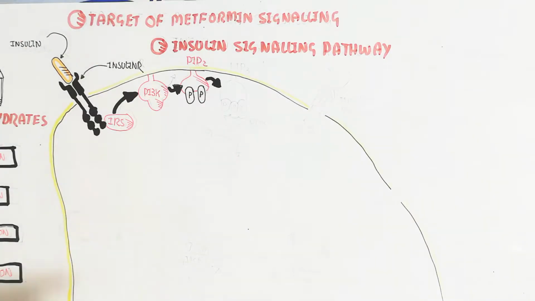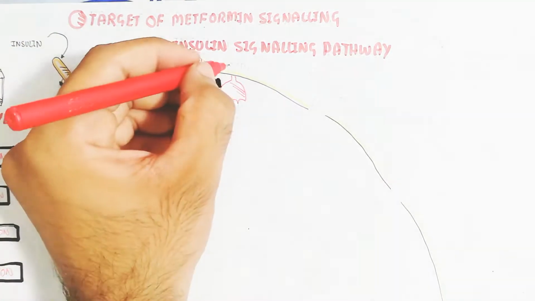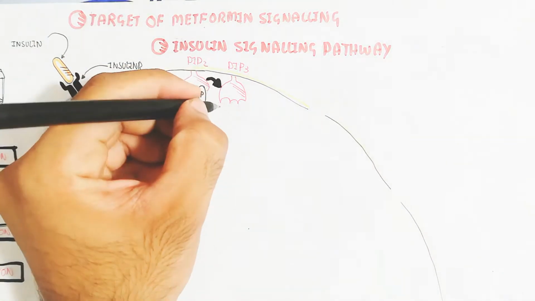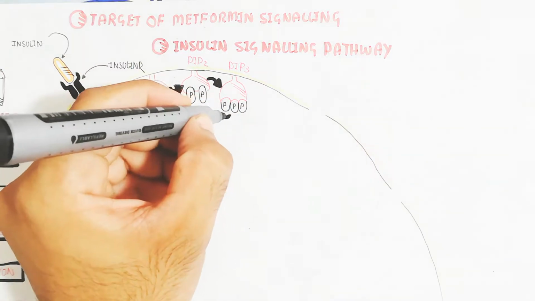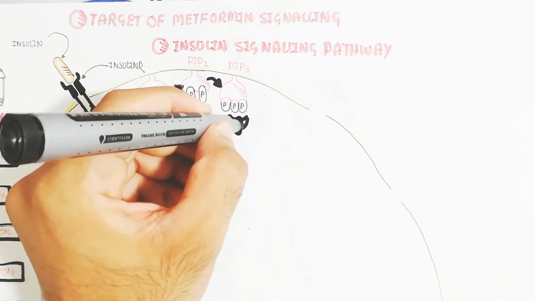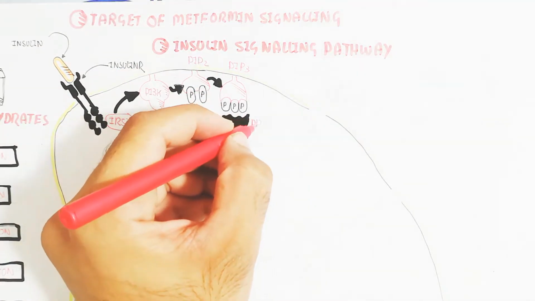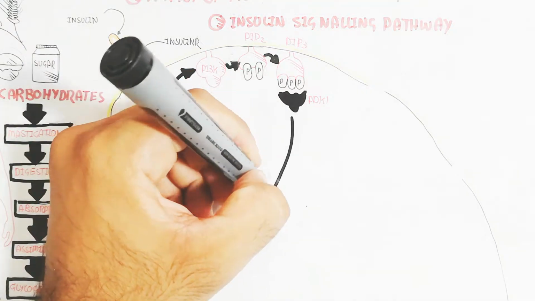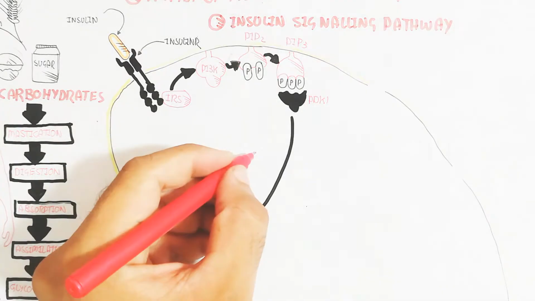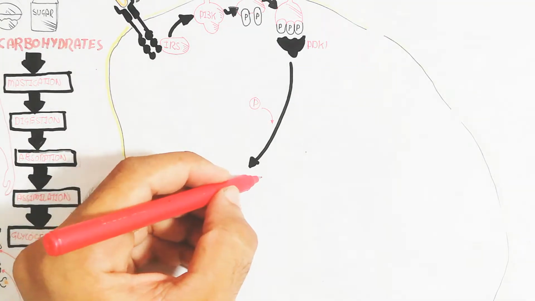This PIP3 will convert into diacylglycerol and IP3. We will not go into the details of the phosphoinositide-dependent kinase enzyme binding to the IP3 pathway, which leads to several functions, but we will learn just our view.